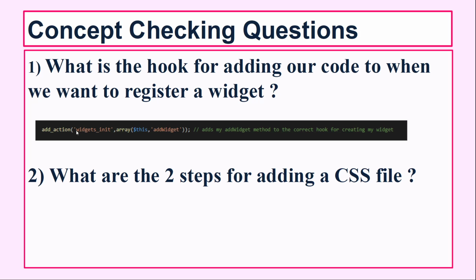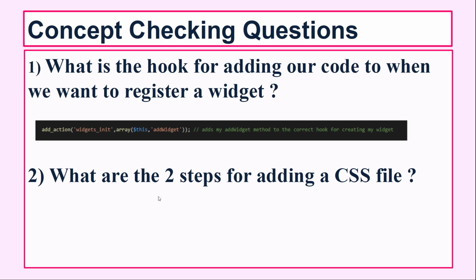So when we want to register a widget, we need to register it at the widgets init. Do remember, this doesn't actually do anything. What this does is attach our code, our method here, onto this hook. So whatever we write in here, that is the functionality.